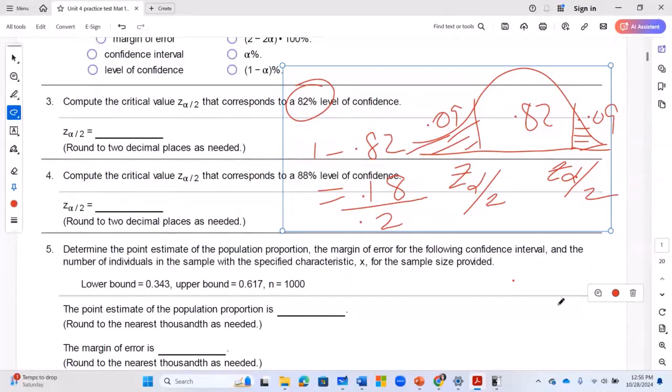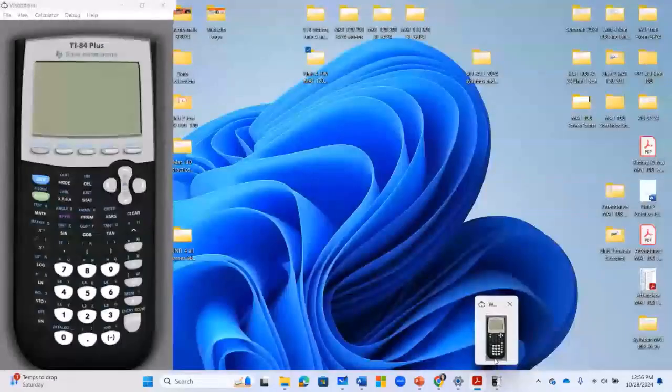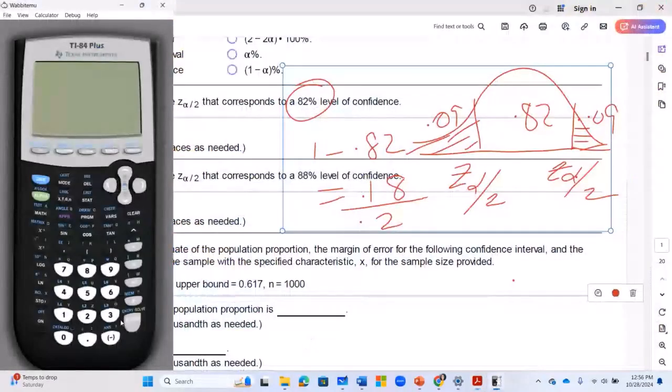Okay, so I'm going to pull my calculator up and find the area to the left. I'm going to turn my calculator on. Remember how to find area to the left: you go to second, vars, inverse norm. I hope you remember that area to the left is percentile.